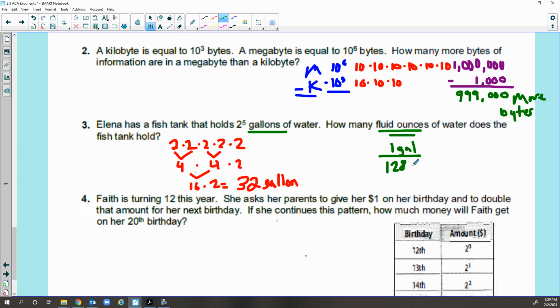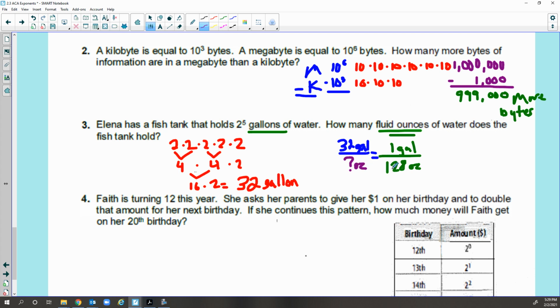Okay, you're going to have to do some fancy star chart stuff to figure that out, but there are 128 ounces in 1 gallon. That would be a good thing to memorize, I think, just as we go on through life. And we know that we've got to match our gallons over here. And I want to find my question mark ounces.